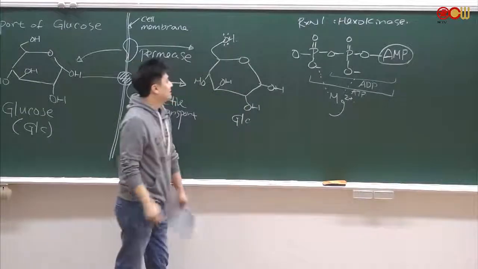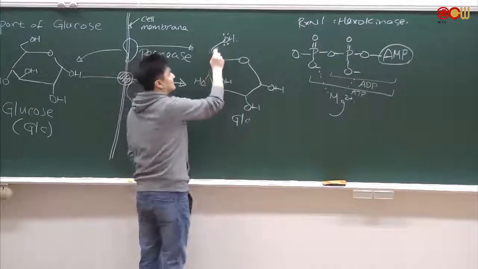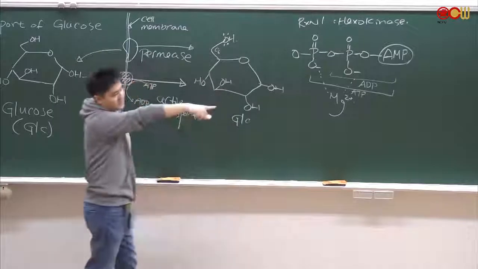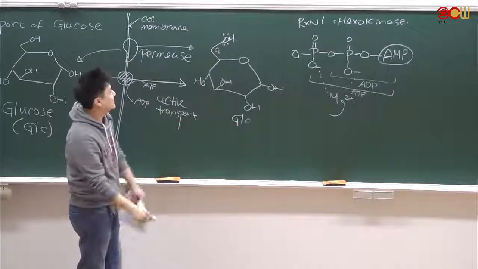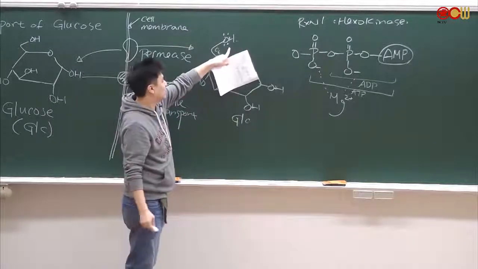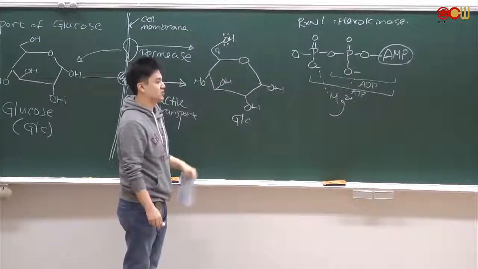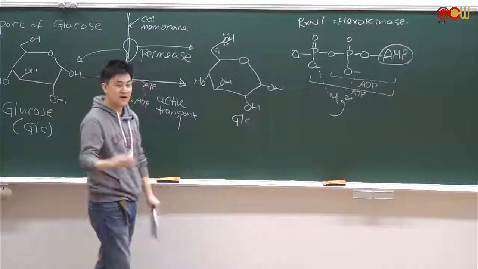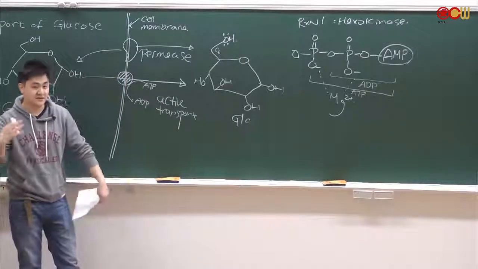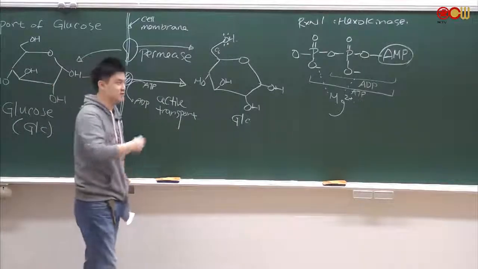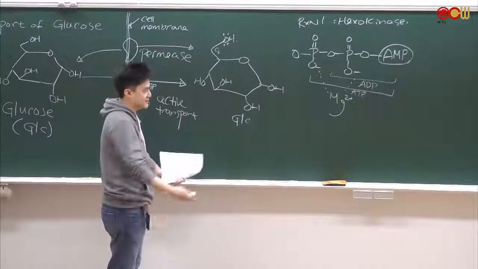The oxygen on carbon 6, because we're making glucose 6-phosphate, the hydroxyl group on carbon 6, the oxygen there has two lone pair electrons. If you have lone pair electrons, it's a nucleophile. It's going to do a nucleophilic attack on an electrophile.